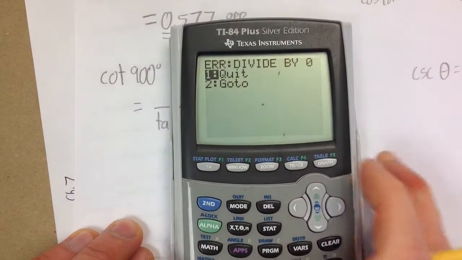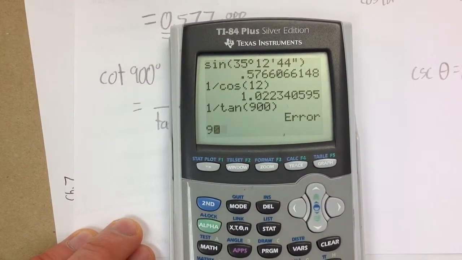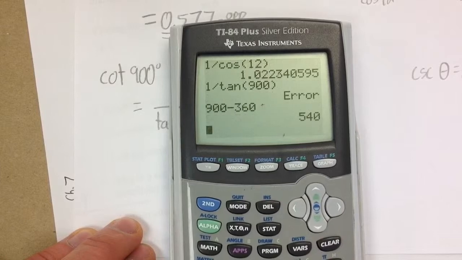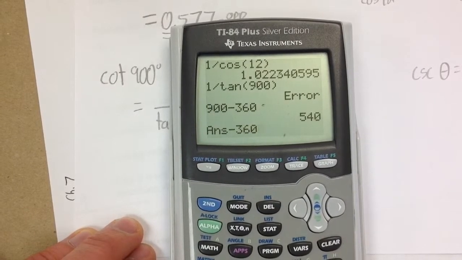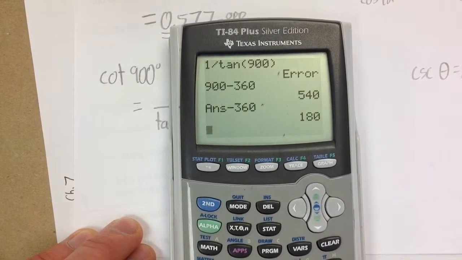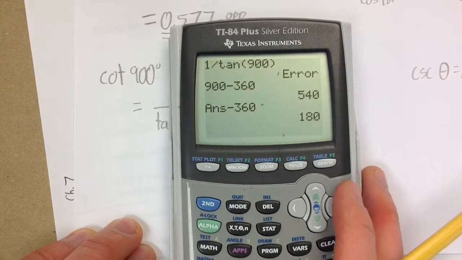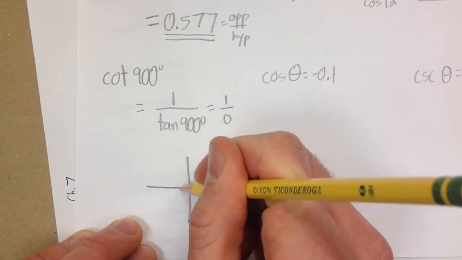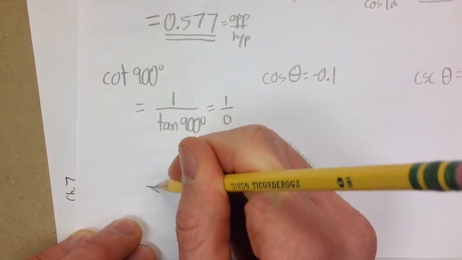And if you want to know why, whittle 900 down to an acute angle. So 900 minus 360 is 540, minus another 360 is 180. I could subtract again, but I'll leave it there. That is enough information I need. So think about 180 degrees.